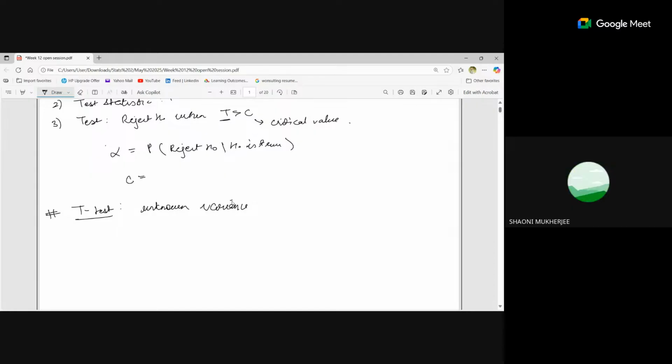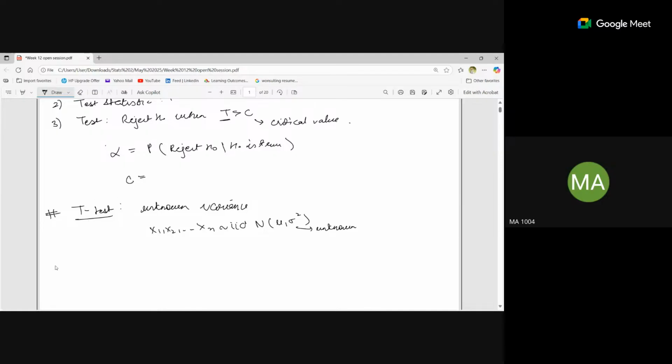Suppose x1, x2, ..., xn is an IID sample from a normal distribution with mean mu and variance sigma square, and this sigma square is unknown to us. When sigma square is unknown, we use the T test.